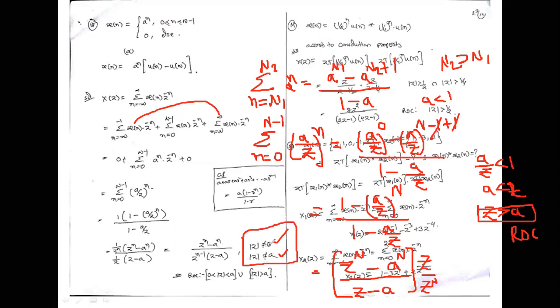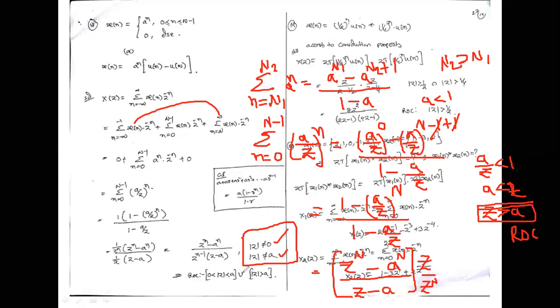Suppose z is not equal to 0 and z is not equal to a. Except these two values, for all remaining values the function becomes bounded. So the ROC is in between, greater than a, and 0 less than z less than a. Actually, z greater than a only you can take, or the union in between.